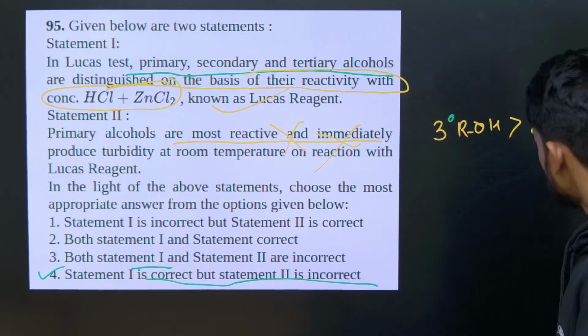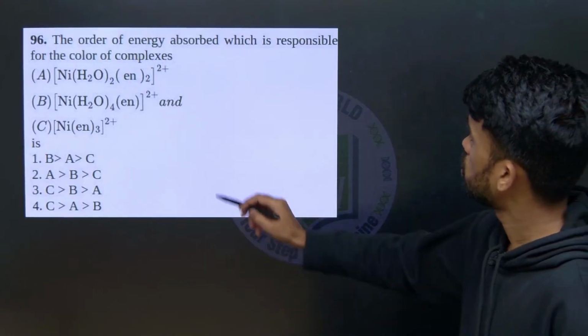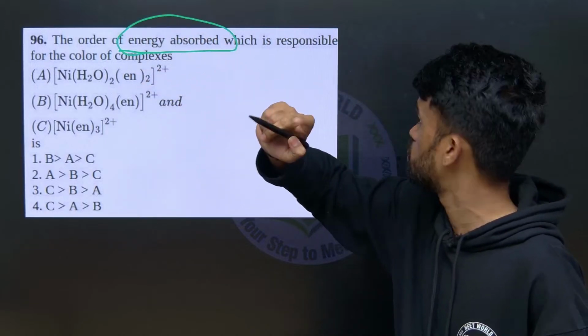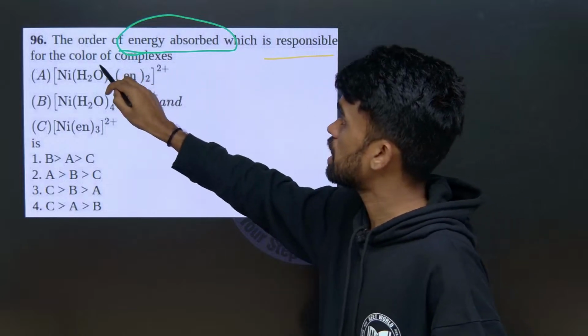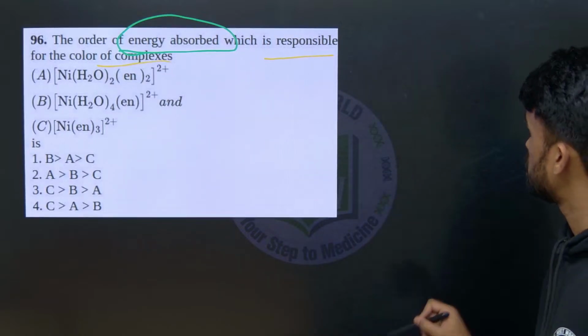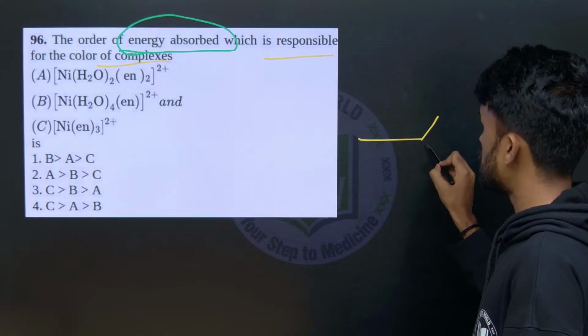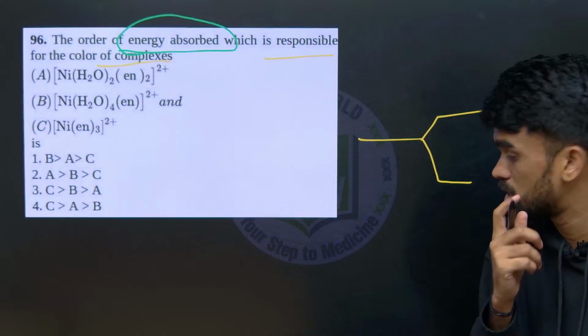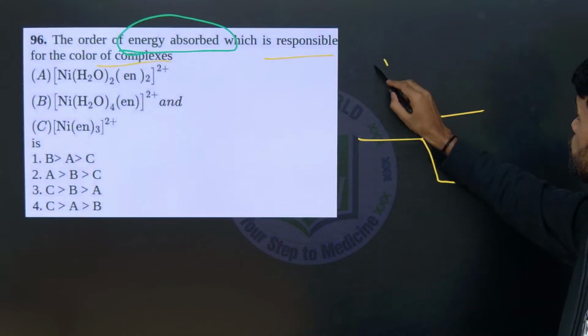Next. So order of energy absorbed. What they are asking is the energy absorbed, which is responsible for the color of the complex. Whenever they ask about energy absorbed, wavelength absorbed or frequency absorbed, you need to get CFT, crystal field theory, in your mind.